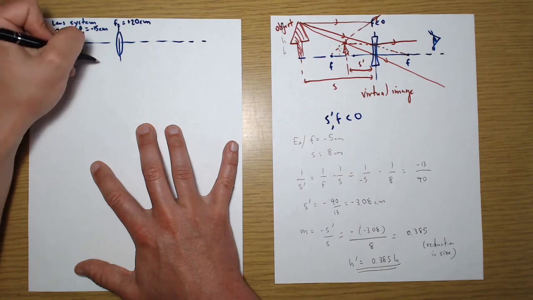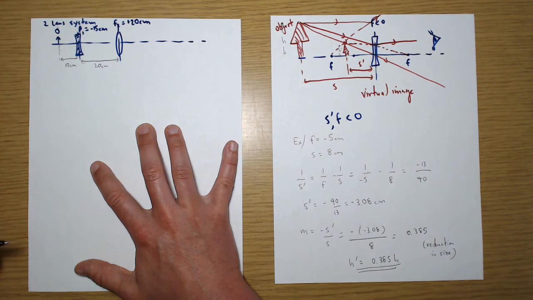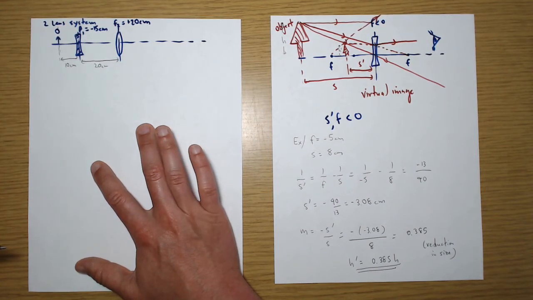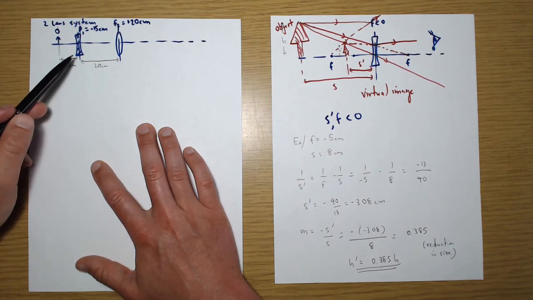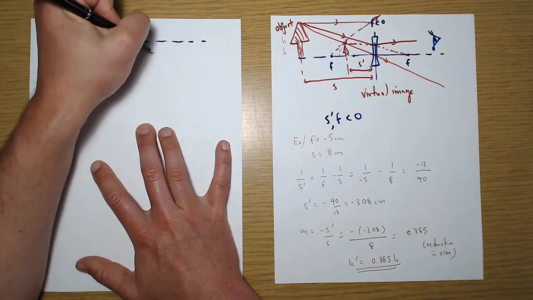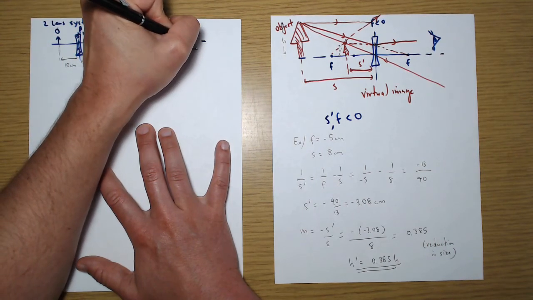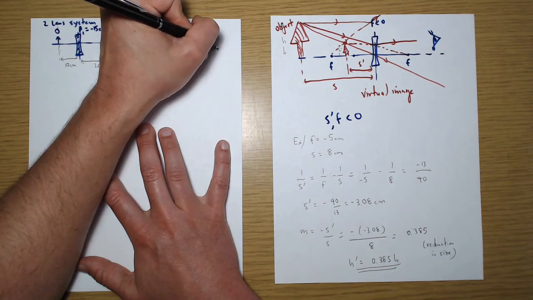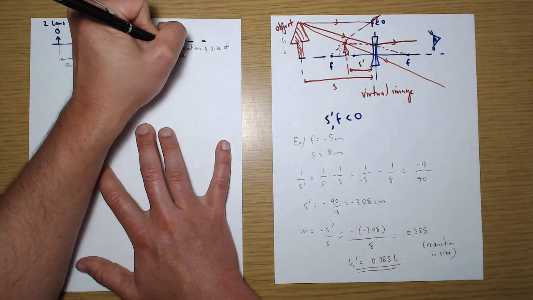Let's say that both lenses are separated by 20 centimeters. Okay, so the question is going to be, given these two lenses, where is the location and size of the final image?